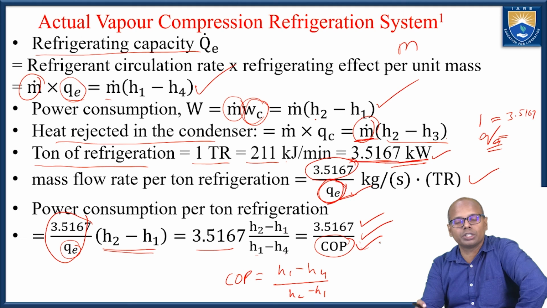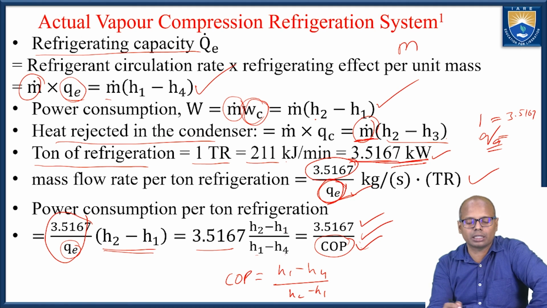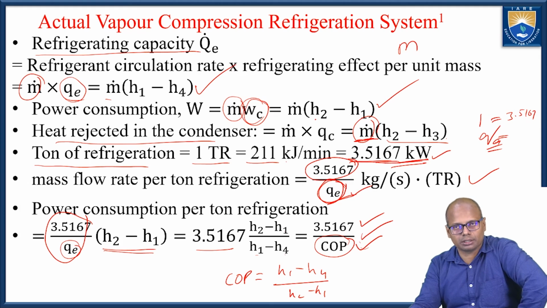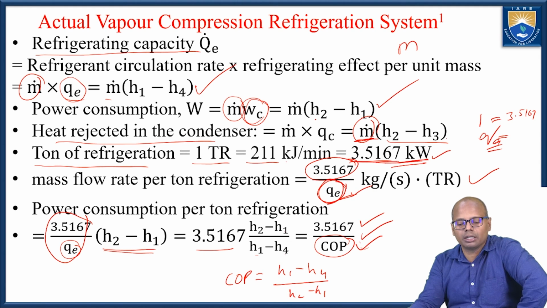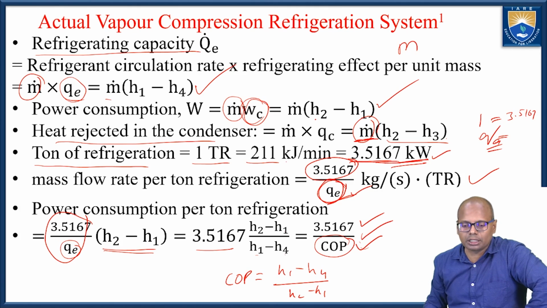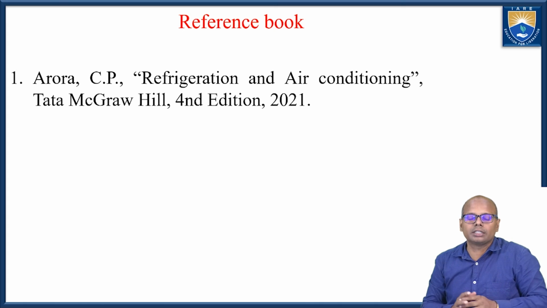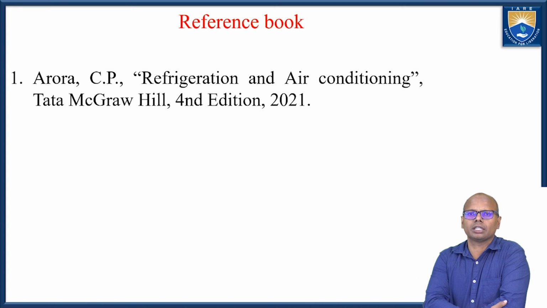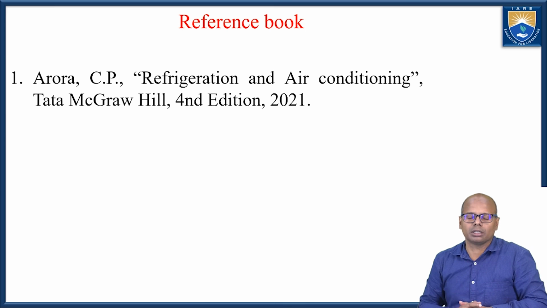If I do this, I can simply calculate the power consumption per ton of refrigeration. So, this is about the analysis of the actual vapor compression refrigeration system. And the textbook that I referred is Refrigeration and Air Conditioning by C. P. Arora, Tata McGraw Hill.